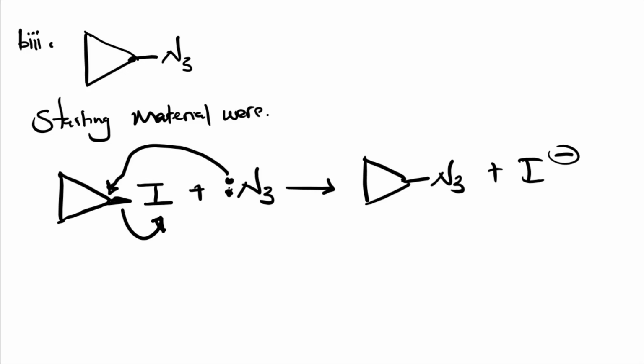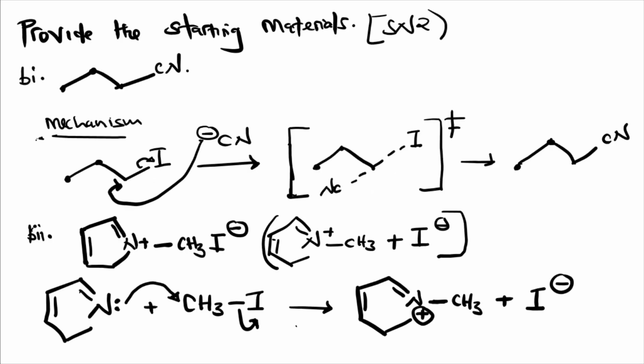So for SN2 reactions, we know that SN2 reactions occur in polar aprotic solvents. So in all of these reaction mechanisms that we are writing, just write a solvent underneath. So acetone is a polar aprotic solvent. For this one, you can write DMSO, dimethyl sulfoxide.